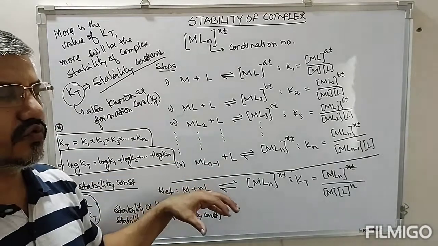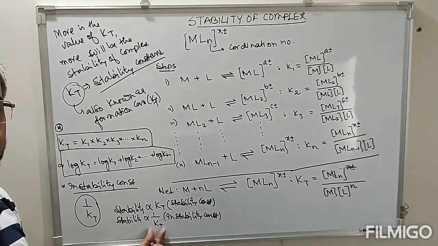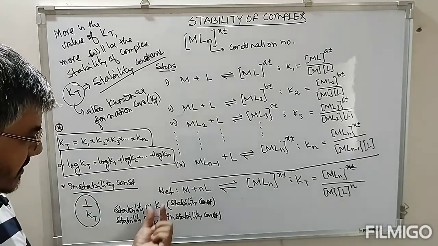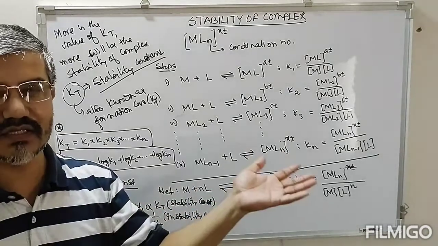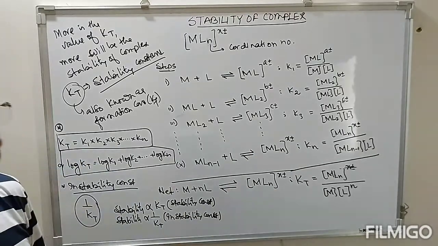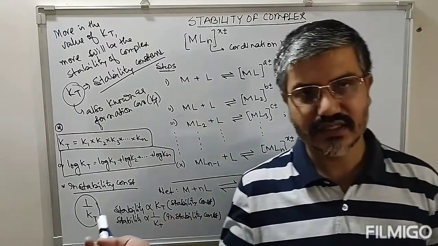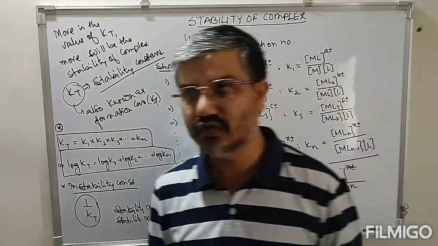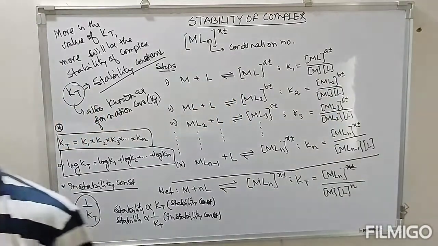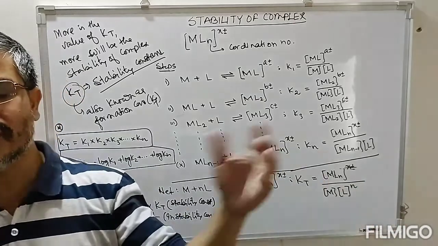To measure the stability mathematically, we should have this parameter. Once we have this parameter, that is stability constant or Kt, we can easily compare the stabilities of different complex species. If the question says we have, with the same ligand, the metal in two different oxidation states, the complex formed by the metal in the higher oxidation state will always be more stable.